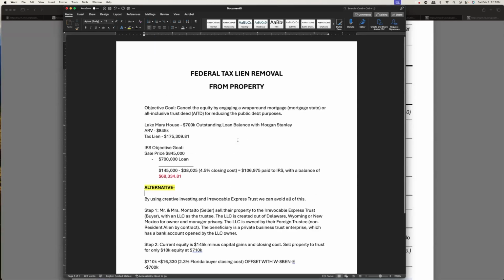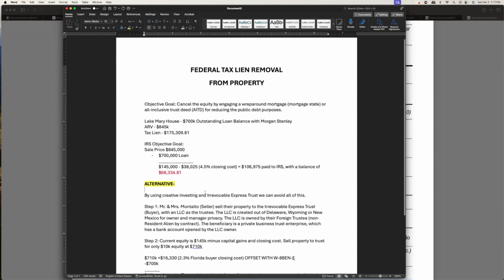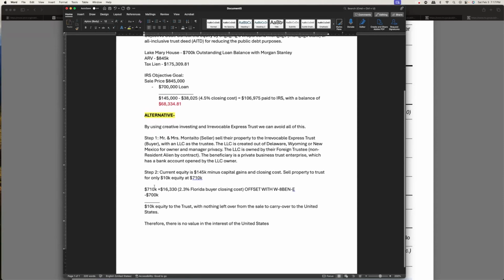Okay, you need to do a wraparound mortgage or an all-inclusive deed of trust. That means when we sold the property for $710,000 to the trust, that then became a junior lien to the first lien, which is the 700.